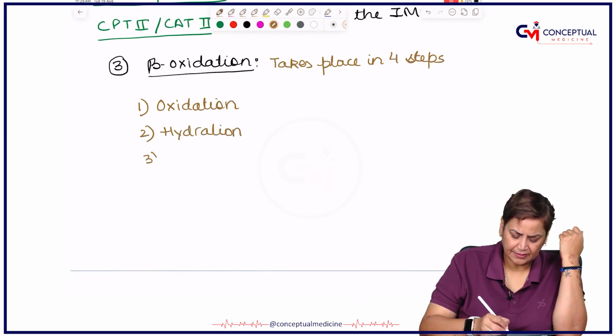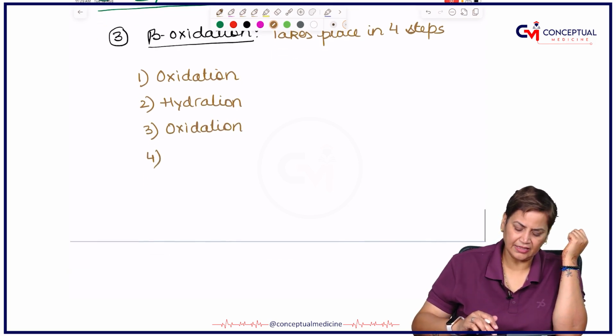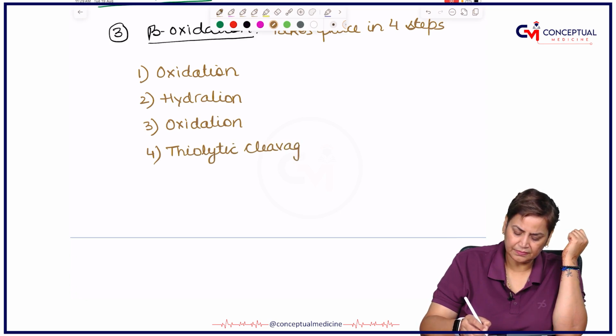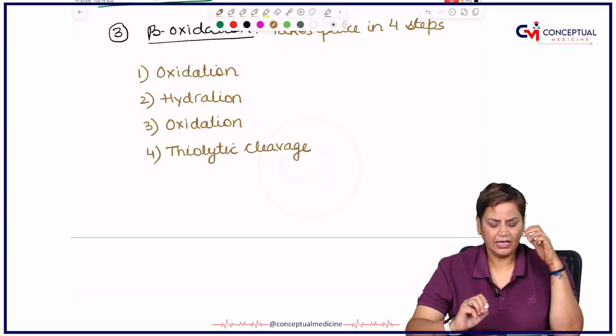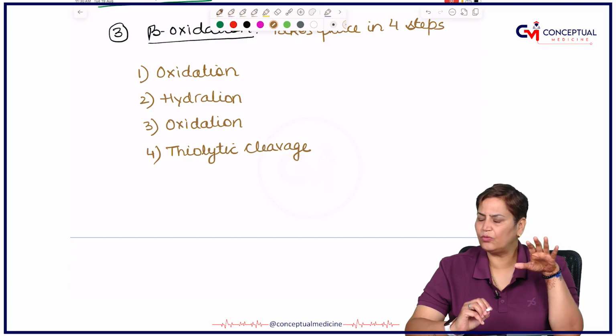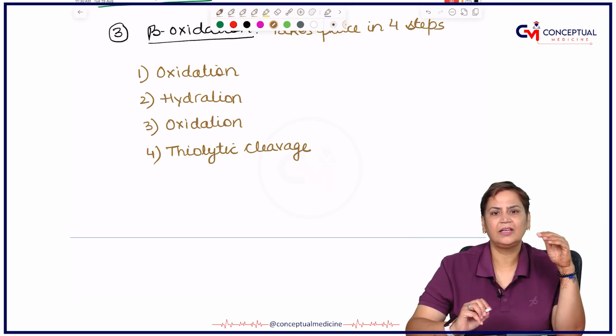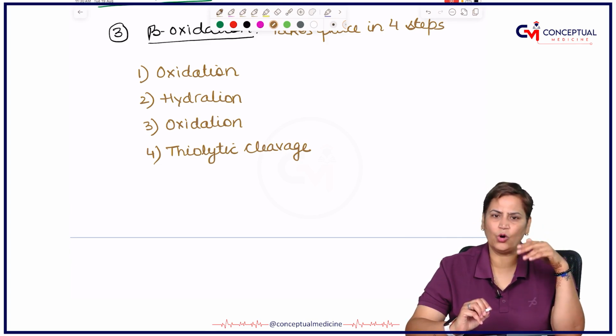Third step is again oxidation. And fourth step is cleavage, and the cleavage here is thiolytic cleavage. Very, very important. So beta oxidation overall takes place in 4 steps: oxidation, addition of water, oxidation, and in the end thiolytic cleavage.